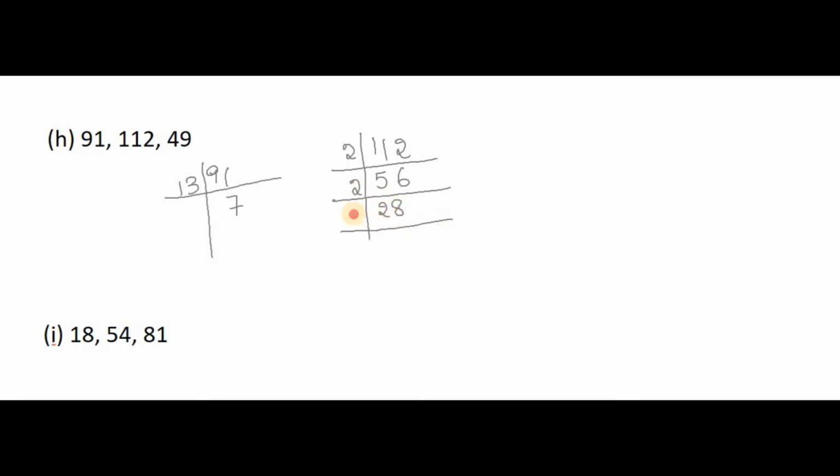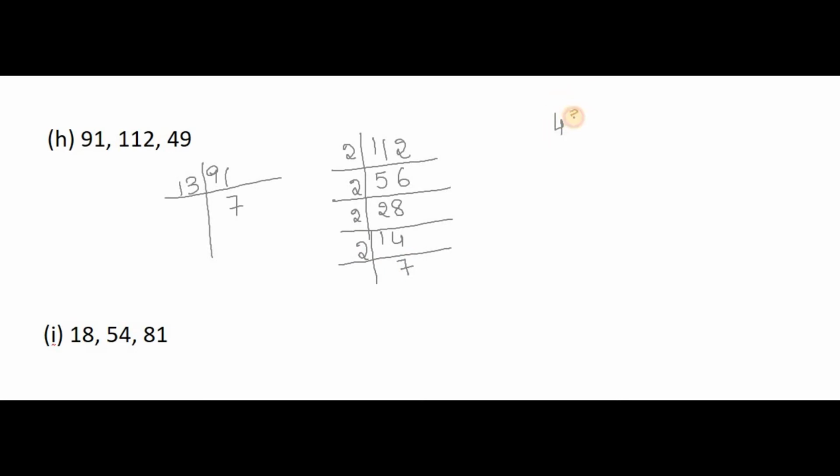Now we're moving on to the next question, that is 91 and 112. We all know that 13 7s are 91. 7 is a prime number, so we can stop finding the factors. Now for 112: 2 5s are 10, 2 6s are 12, 2 28s are 56, 2 14s are 28, and 2 7s are 14.